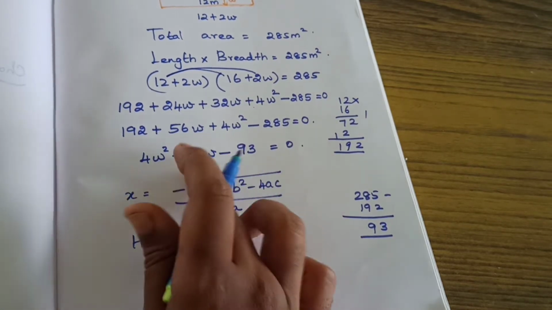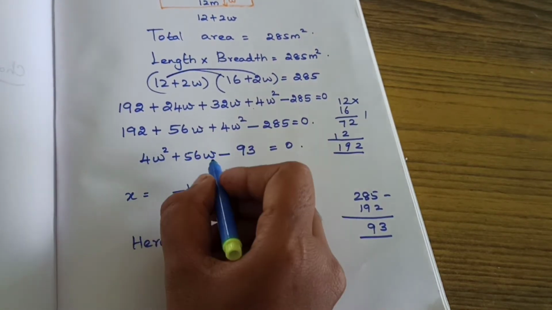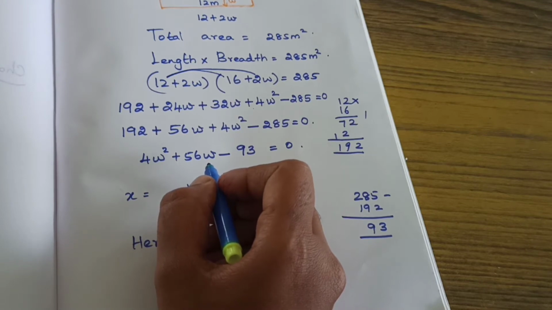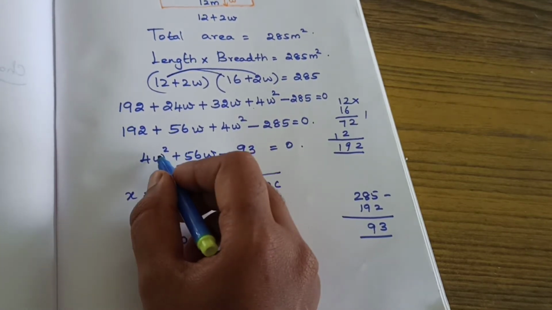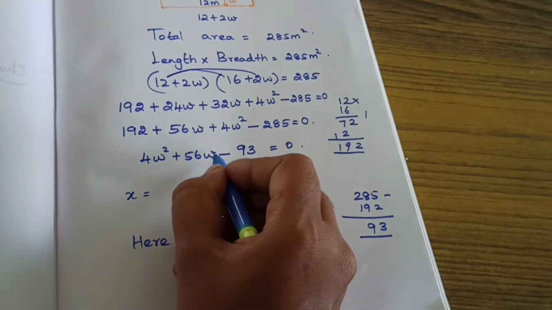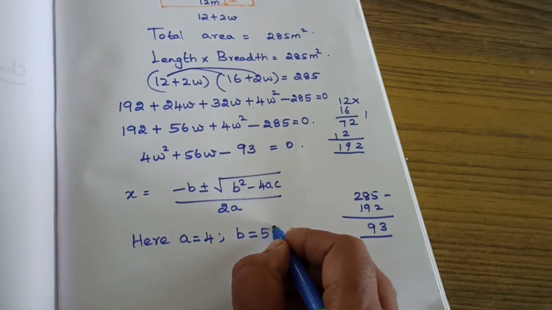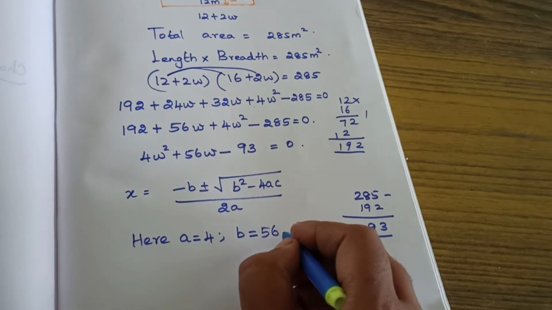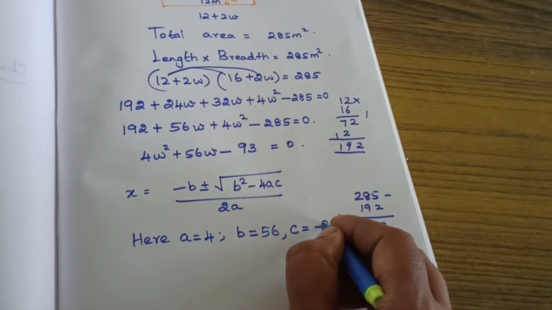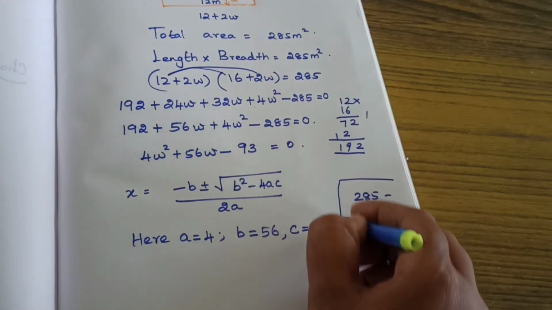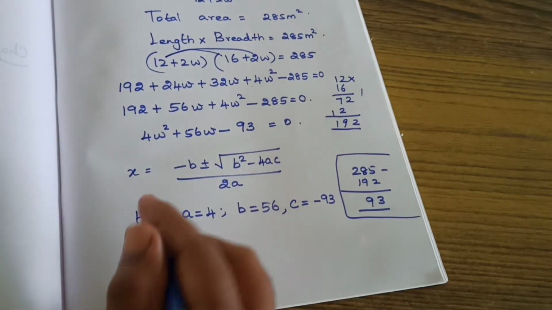Then b is the coefficient of w. Here the variable is w, no? Normally we say the coefficient of x square and x. Now here the variable is w, so the coefficient of w square is 4 and the coefficient of w is b, that means 56. Now c means the constant term. What is the constant term here? Minus 93.